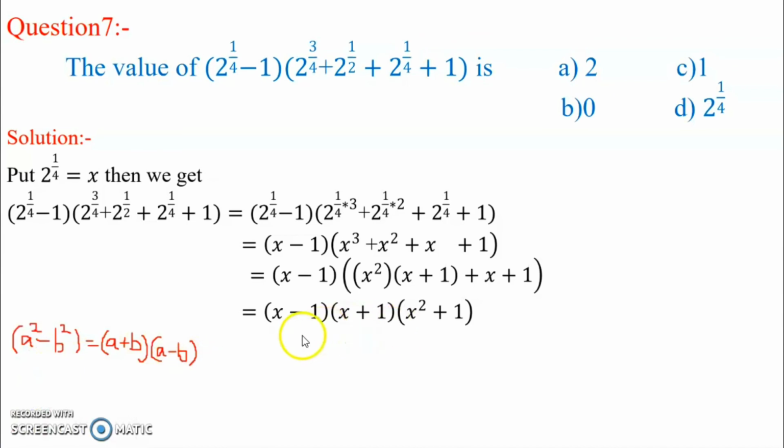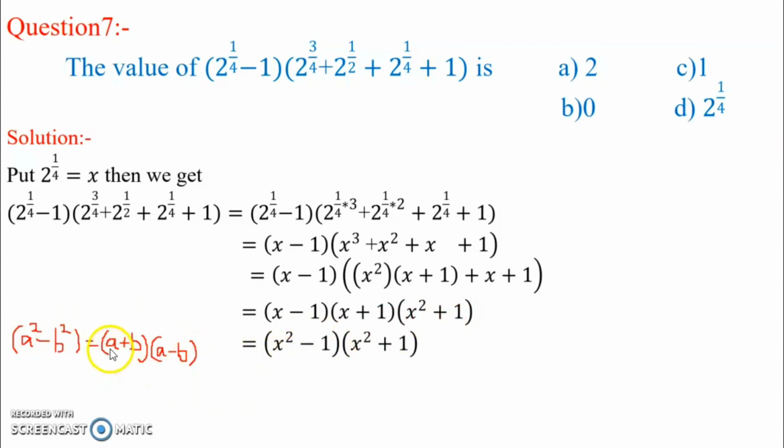So here in place of a you have x, and in place of b you have 1, that is x plus 1 into x minus 1, right? So what will this be? x square minus 1 square, which is equal to x square minus 1. So this will be x square minus 1 into x square plus 1. Again you'll have to use this identity.